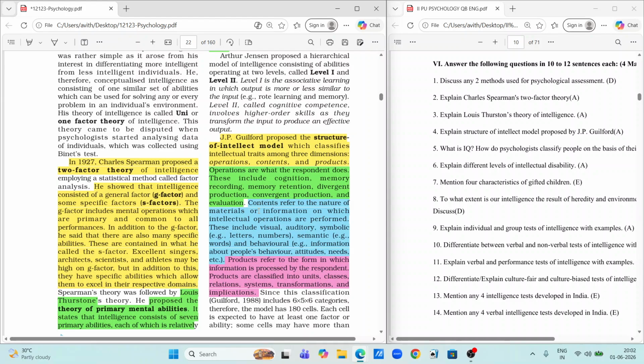Second dimension is contents. Contents refer to the nature of materials or information on which intellectual operations are performed.